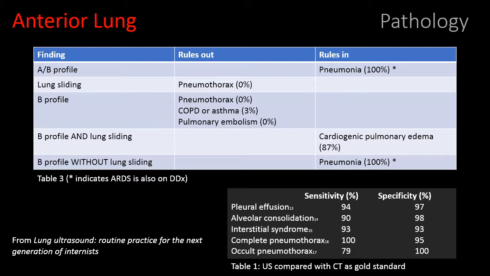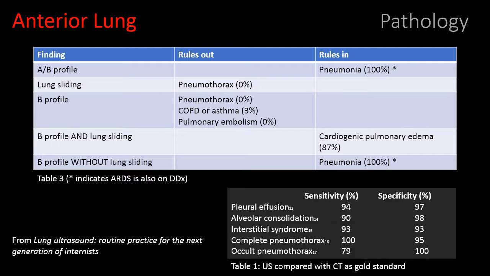If you lose your lung sliding, those two serosa are kind of sticking together, and so this happens in states of inflammation like pneumonia. But in cardiogenic pulmonary edema, you don't have inflammation of the surface of the lung, and so you can still slide well, and so you still have lung sliding.